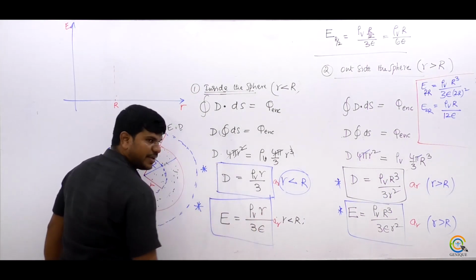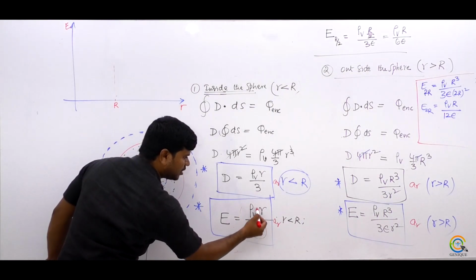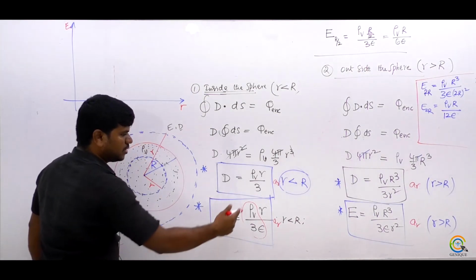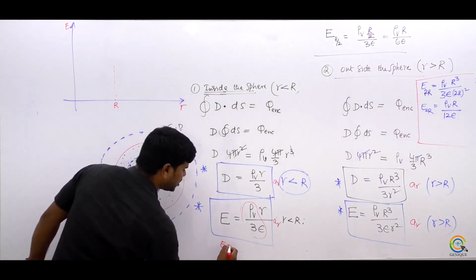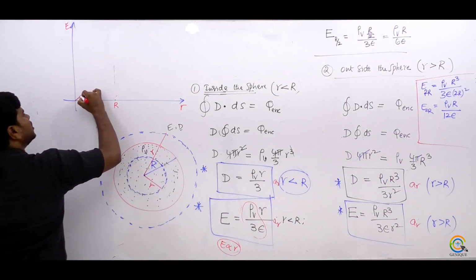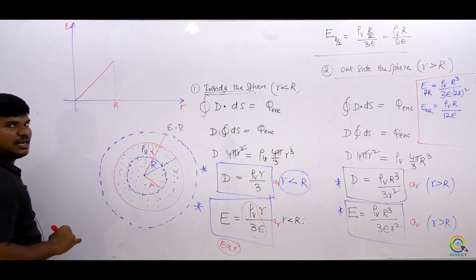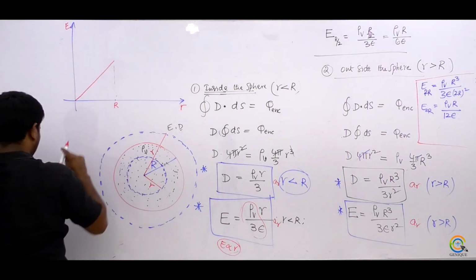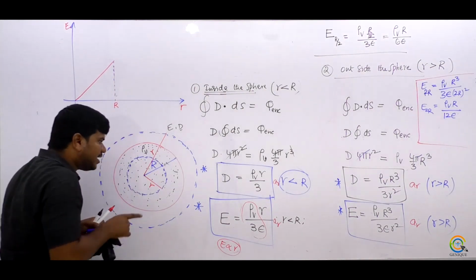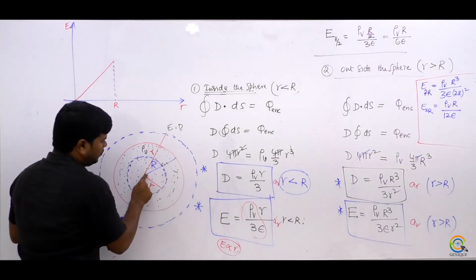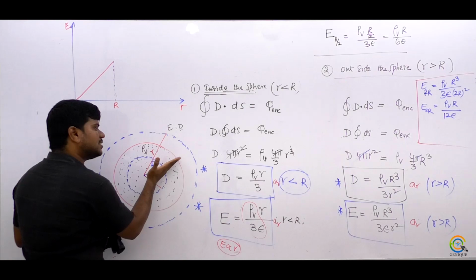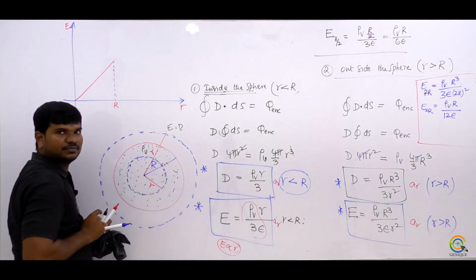It is a linear variation because this entire portion is constant, so E is proportional to r. This will go linearly up to the radius. As distance increases, the electric field also increases.